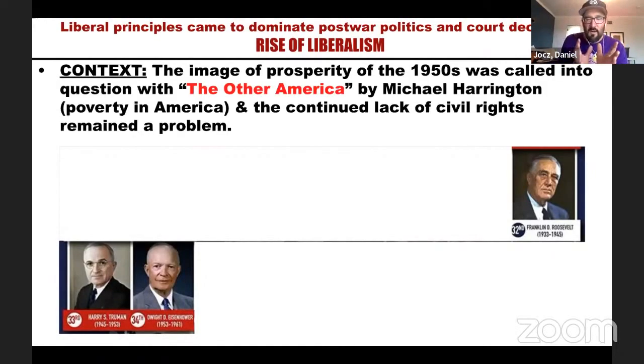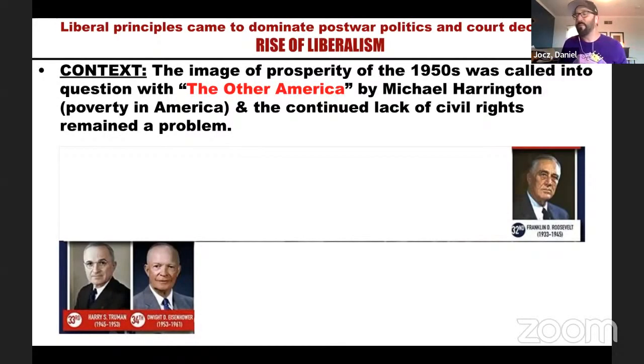The context of the 50s and 60s is that the image of prosperity of the 1950s was called into question. You have the book The Other America by Michael Harrington, which talks about poverty in America, and other folks are shining a spotlight on the continued lack of civil rights.